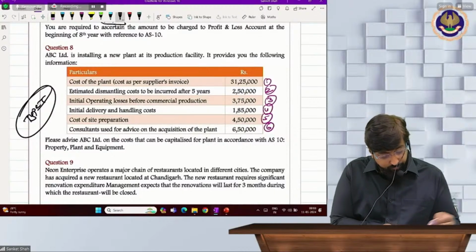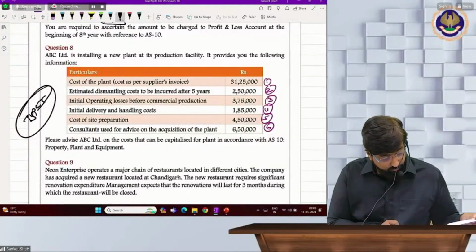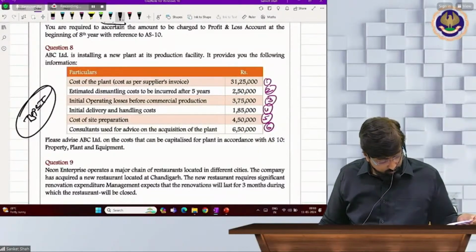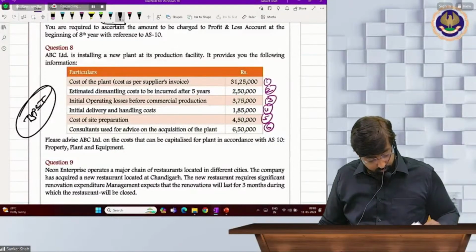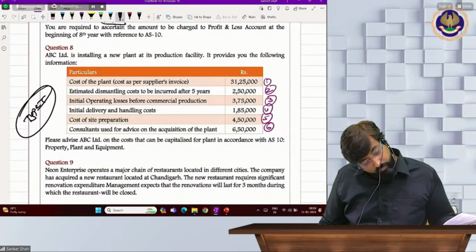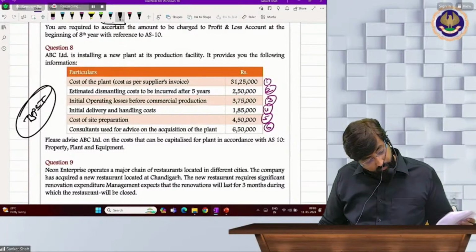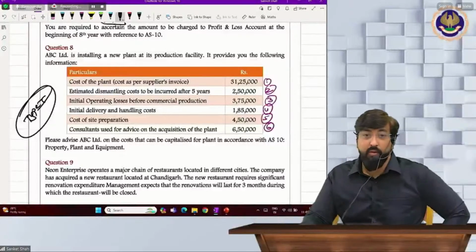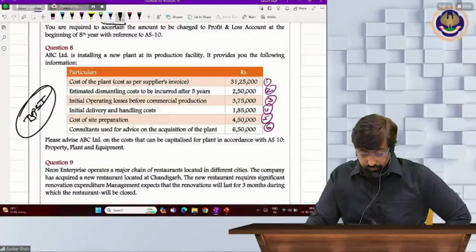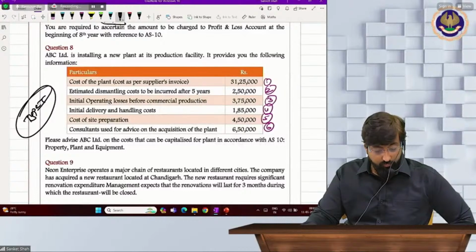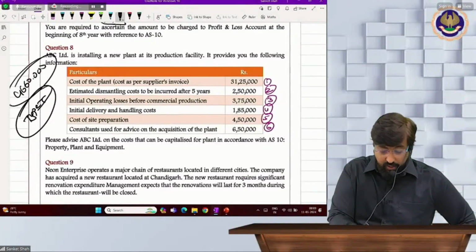Very simple question. What is the answer? 46 lakh 60,000.